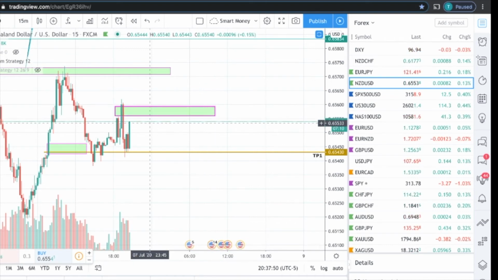So let me get my phone out, because I might actually be entering this trade right now. Let me get Euro NZD. Or sorry, NZDUSD.